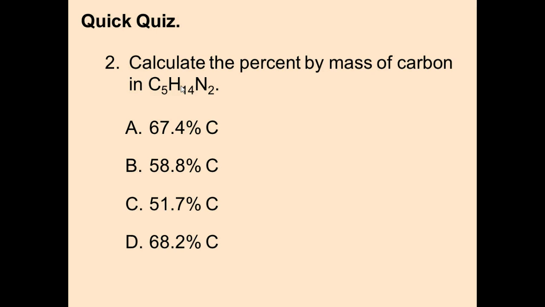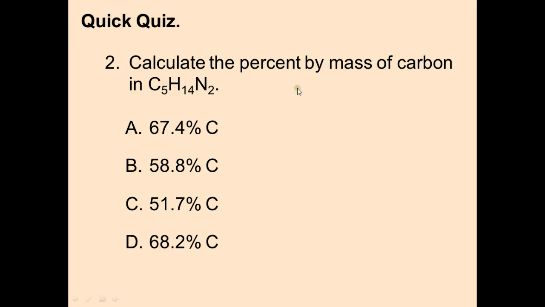Then we add the 2 nitrogens, so plus 2 times 14.01, nitrogen's atomic mass. We add that up and we get 102.21. If you want to write it down, that's the total mass of this whole compound.